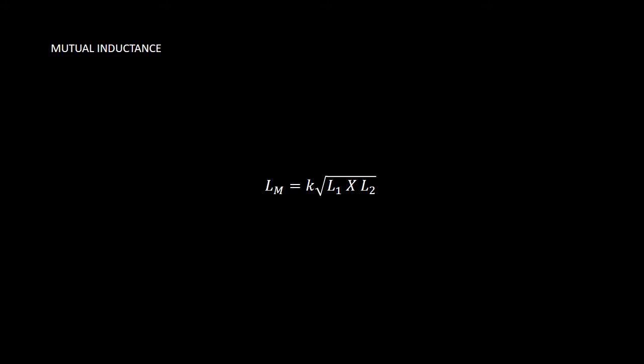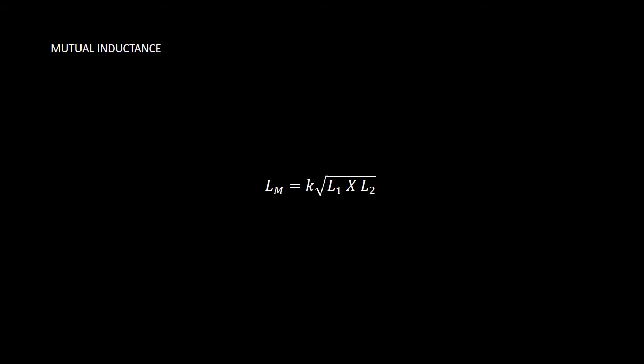Lm equals K times the square root of L1 times L2, where Lm is the mutual inductance in henries, K is the coefficient or percentage of coupling, and L1 and L2 are the inductances of the respective coils. Mutual inductance must be considered when two or more inductors are connected in series or parallel in a circuit.